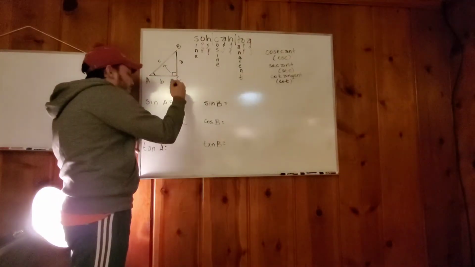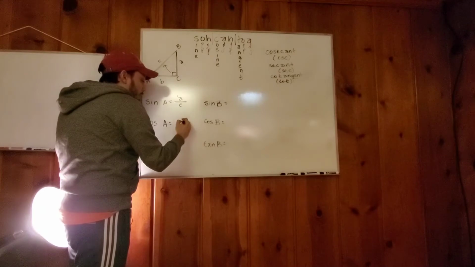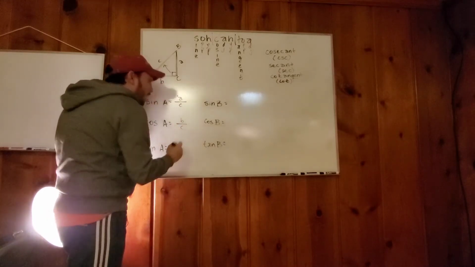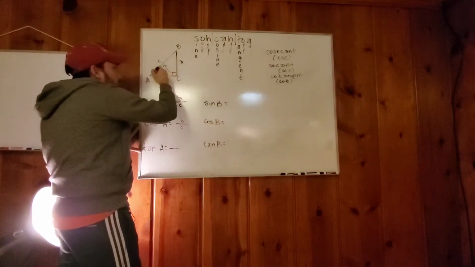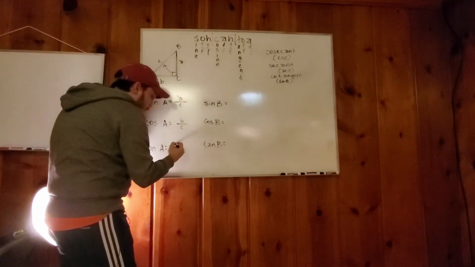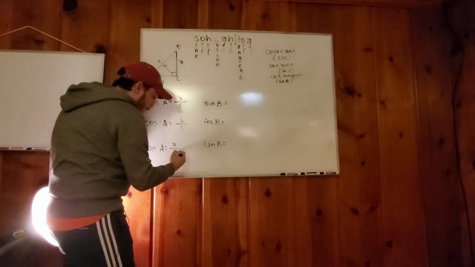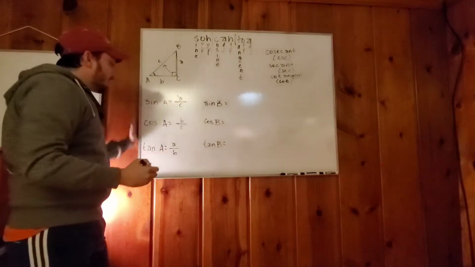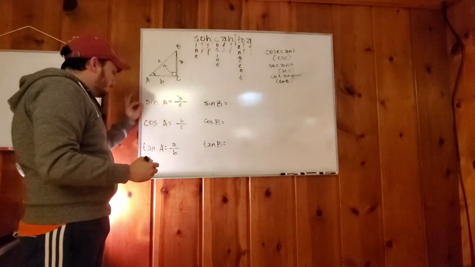So, cosine of A is going to be adjacent over hypotenuse. Adjacent is B over C. And then tangent is going to be the opposite over the adjacent. The opposite of A is A, and the adjacent is B. So A over B. So that's how you find the trigonometric functions of this angle.